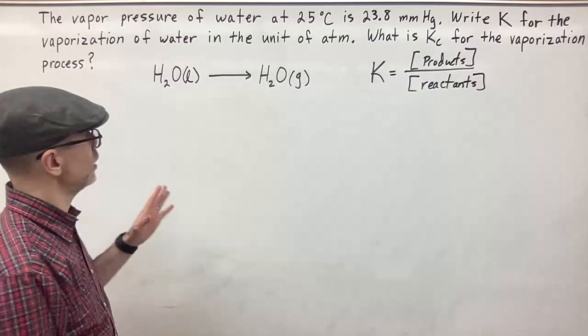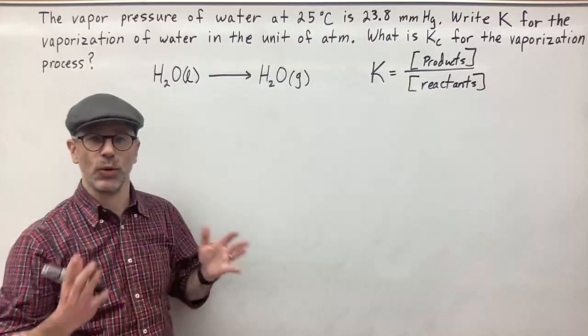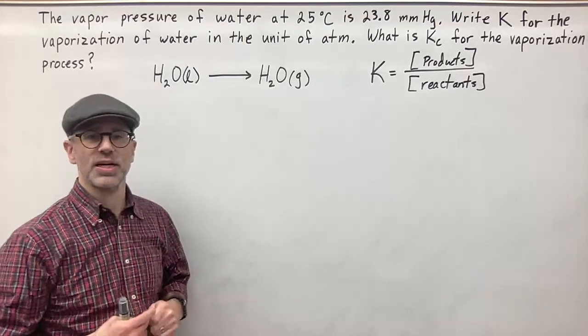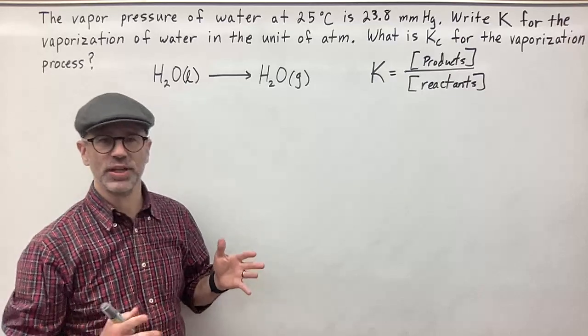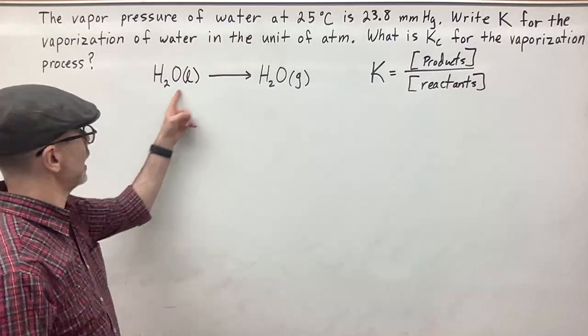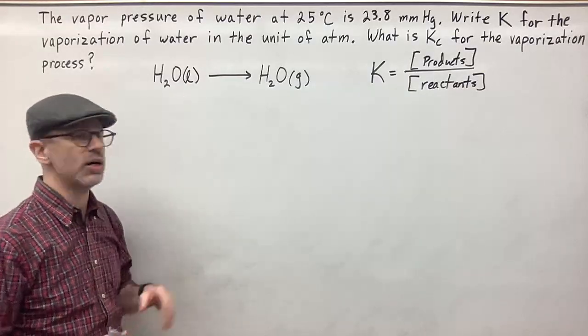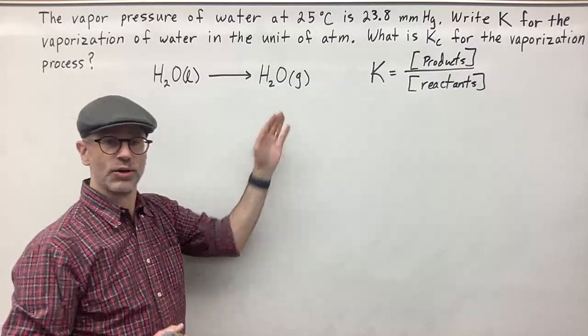So the other thing we need to remember is that liquids and solids do not go into your expression because concentration doesn't really change with liquids and solids. So we're not going to include liquid water. So basically, we have the product of water vapor.